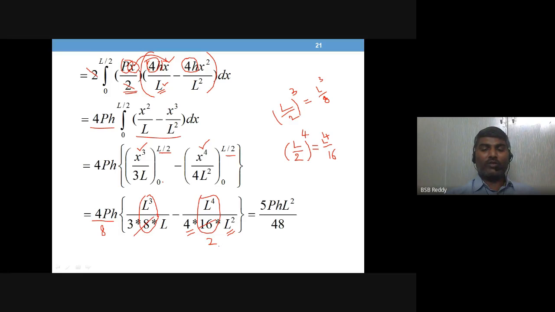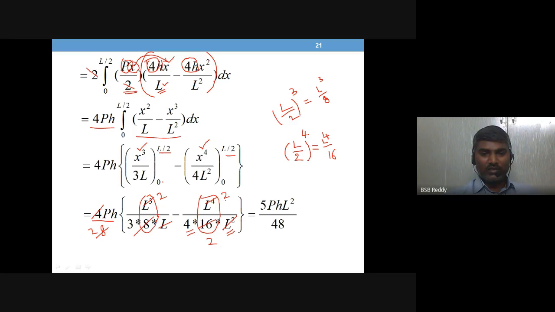So 2 remains here, and 4 is outside already. So 2 we will have. So what do you have now? L square remaining here. L power 4 is there in the numerator, so L square will cancel out and L square remains.